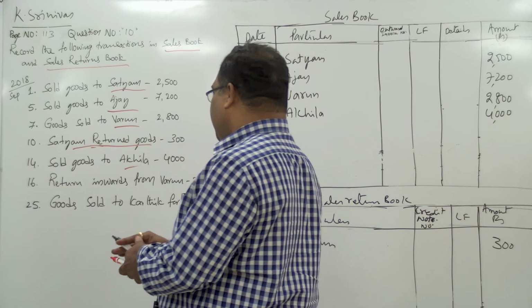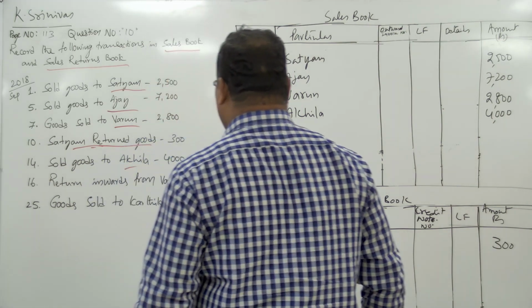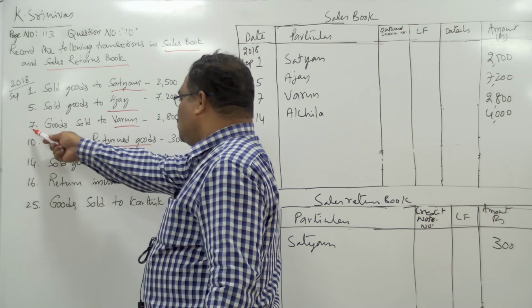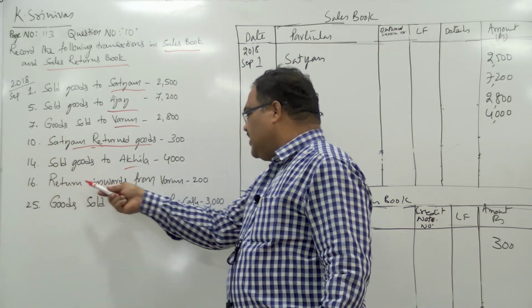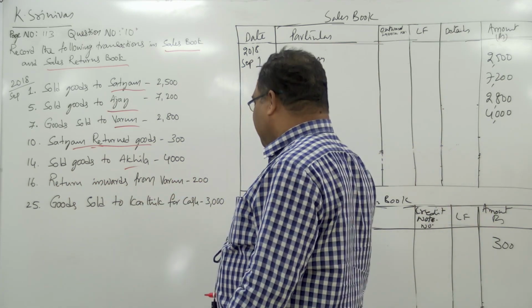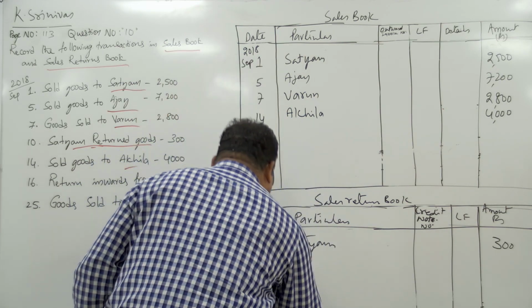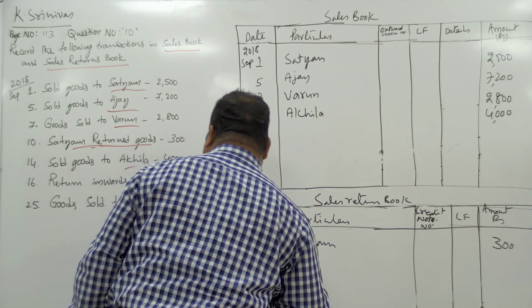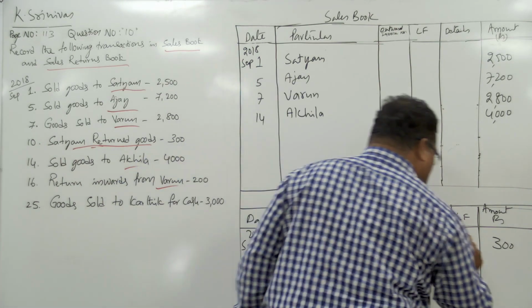And after that, return inward from Varun. We sold goods on 7th; on 16th, returned from Varun. It is a sales return. Simply we can take it in the sales returns book. The date is 16th, Varun, rupees 200.